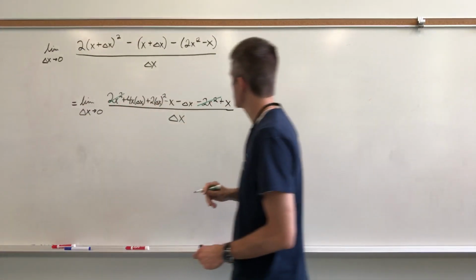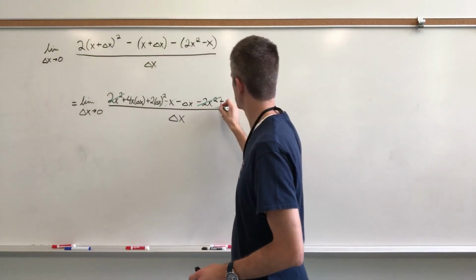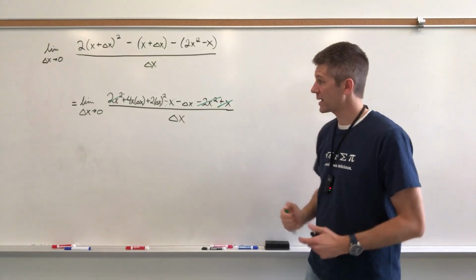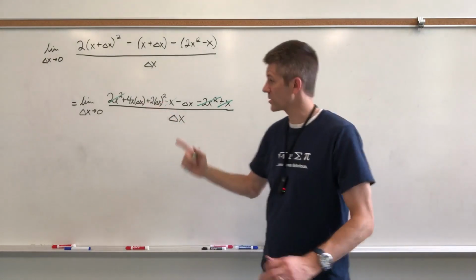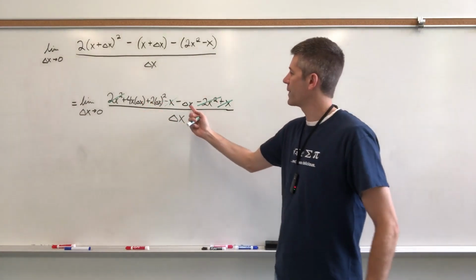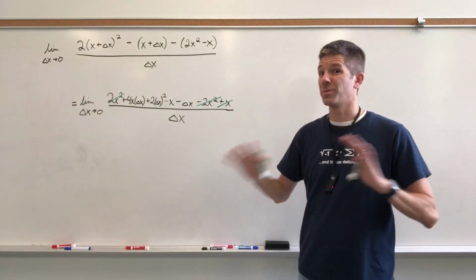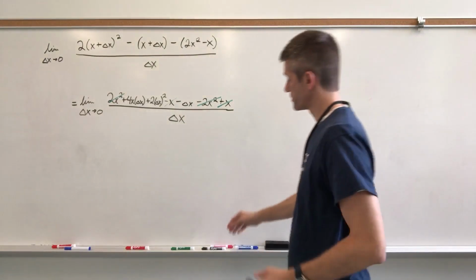Sounds good to me. Negative x plus x. They are gone. And then also, for a different reason, I can cancel this delta x with one of those, with that one. I'm going to hold off on that step, otherwise I'm doing too much at once. So far so good, I hope.